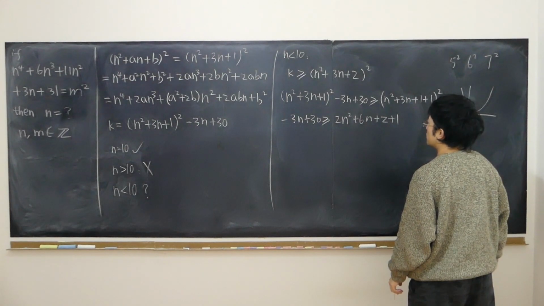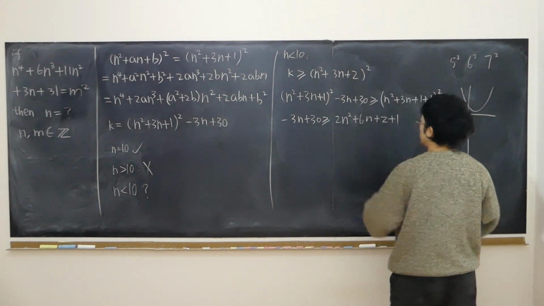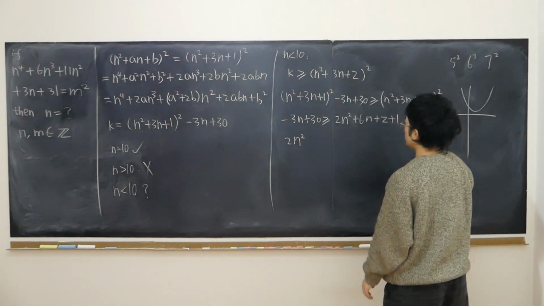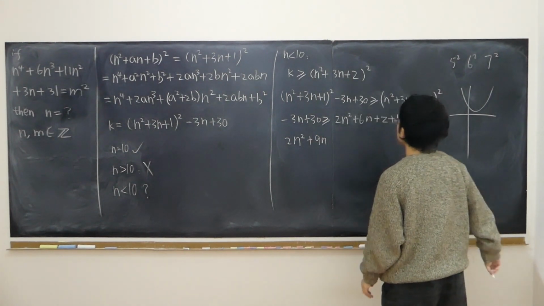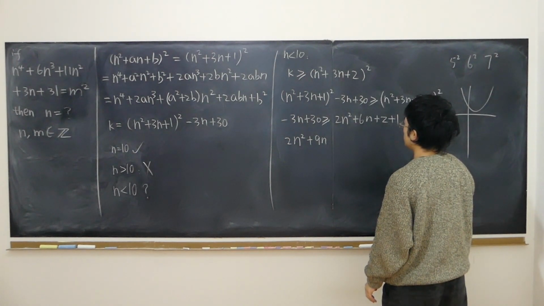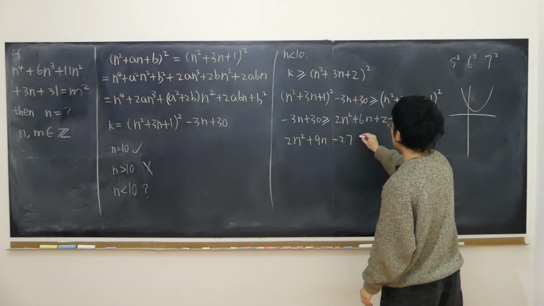Right, so we can just rearrange everything and move this term over here. So that means 2n squared plus 9n minus 27 is less than or equal to 0.